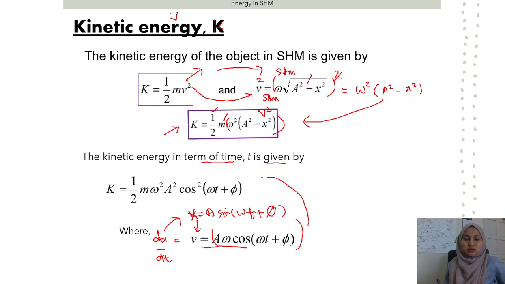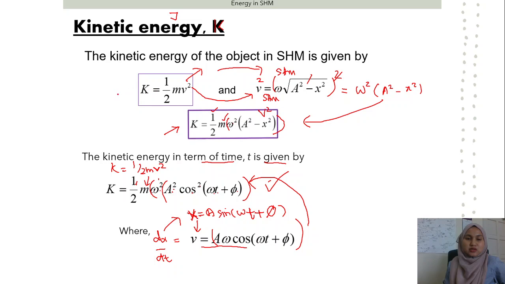Then we substitute the equation of v into the kinetic energy, half m omega squared a squared. Because v is squared, we get omega squared a squared cos squared of omega t plus psi. So we get this equation for kinetic energy.